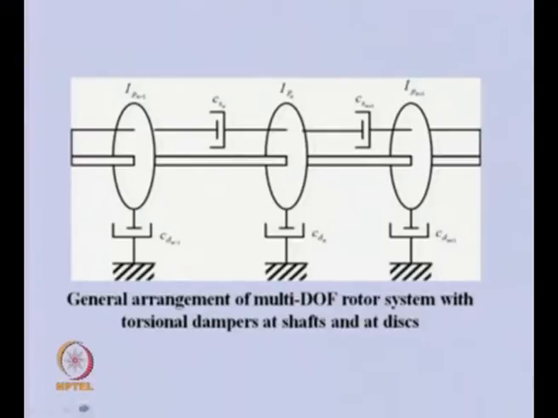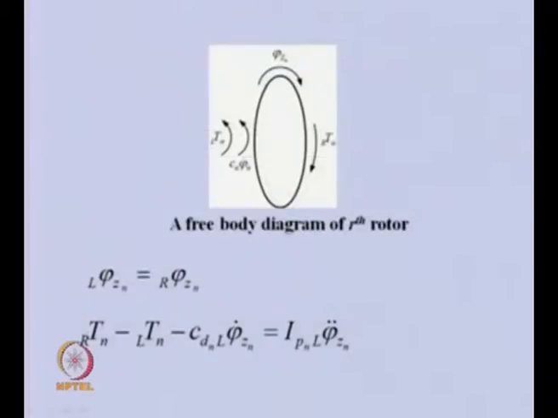So to develop the transfer matrix, that is the point matrix and the field matrix, as we did earlier, we will be drawing the free body diagram, let us say first of the disc.